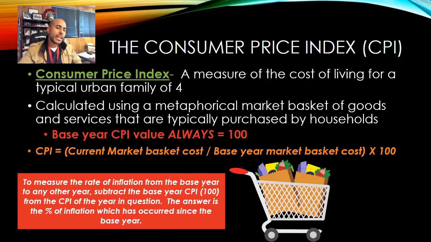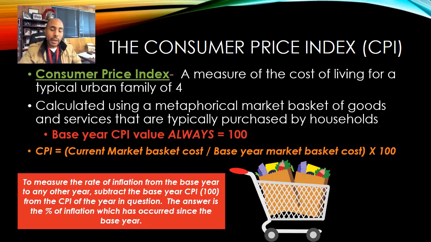Once you know the price index number for another year, you can actually calculate how much inflation has occurred between that year and the base year. All you have to do to measure inflation from the base year is subtract the value of the base year CPI from the value of the year in question.